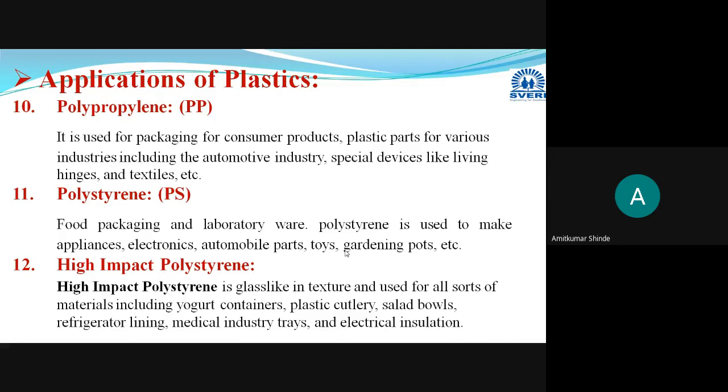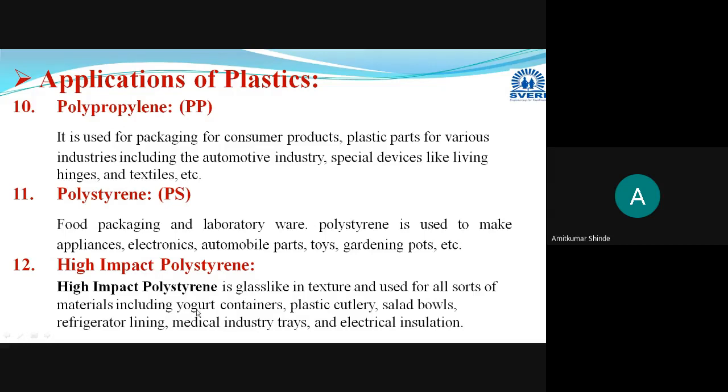After this, next is high impact polystyrene. This high impact polystyrene has a glass-like texture; it is very similar to glass. It is used as a container for storing yogurt.